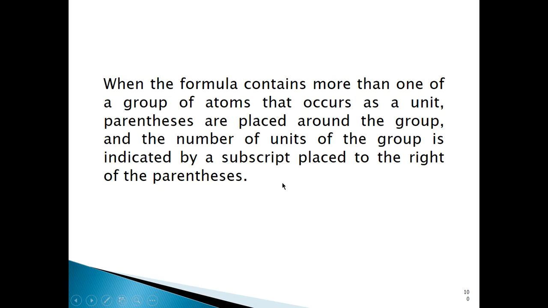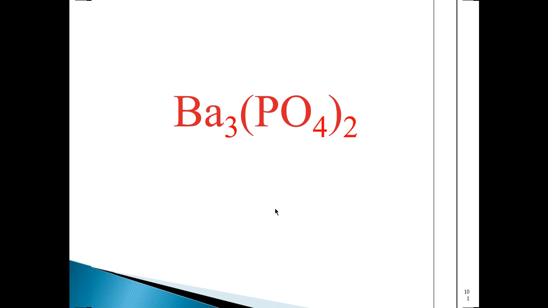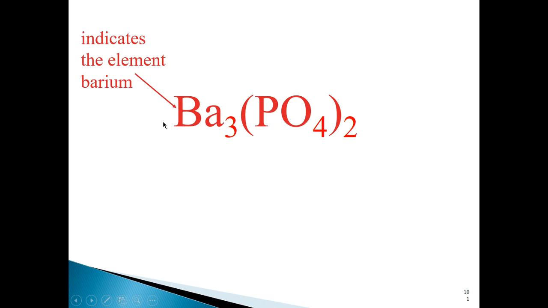Okay, here is another example, and it's even more complicated because in some formulas, you might find that you have parentheses around a particular group of atoms with a subscript outside of it. One example of this is shown here, right? This indicates that you have barium, and the subscript here indicates that you have 3 barium atoms, or ions in this case.